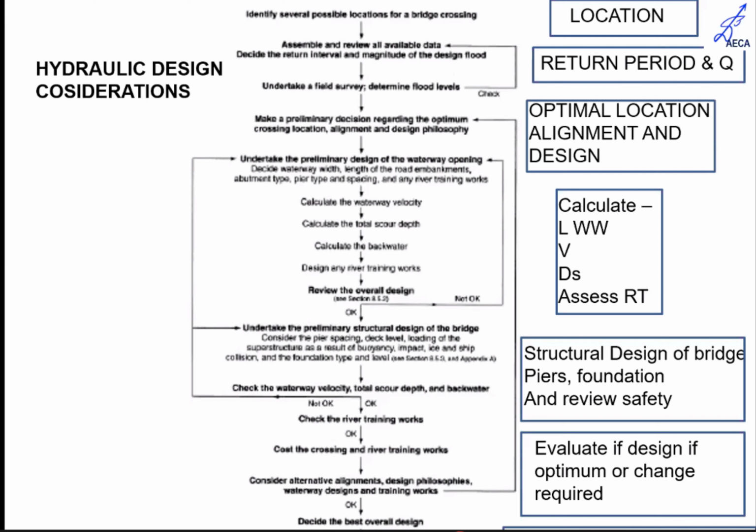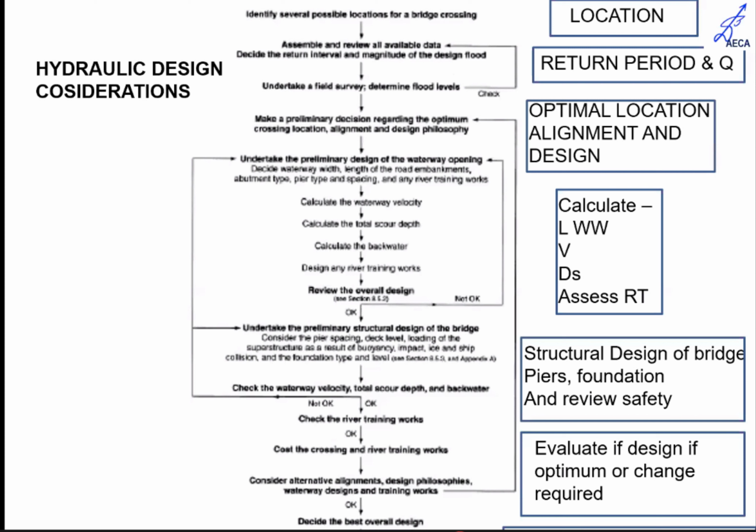After a location has been identified for river bridges, two aspects come into the picture, which are the design discharge and the return period. Now, return period, as Khare Saab told, as per the railway codes, is a 50-year return period which we take. For important bridges, it can be higher also.